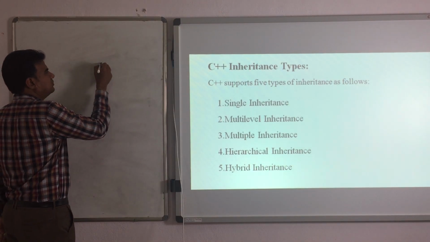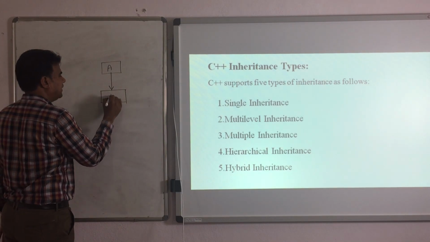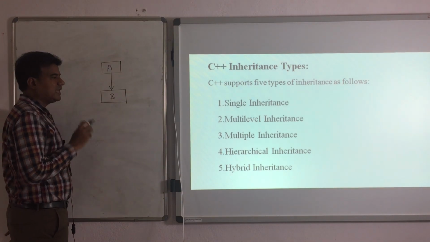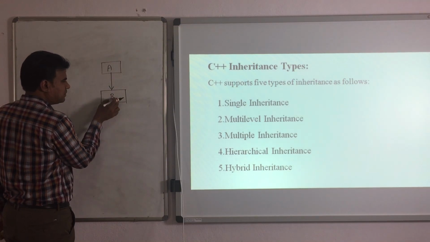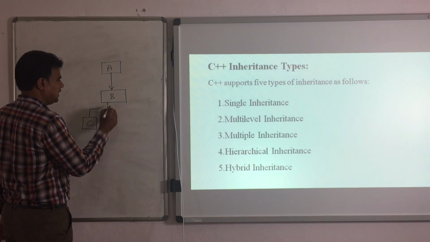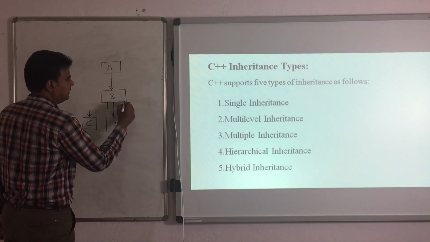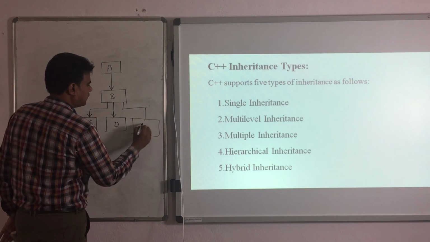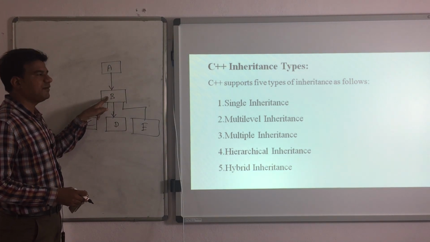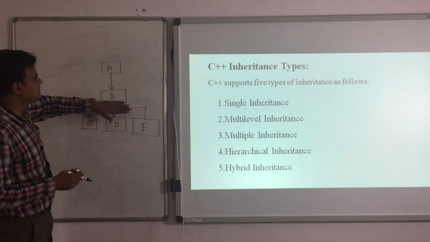Let us assume this is your class A and I am deriving class B. This is single inheritance. Then suppose from this B class you derive more classes, C, D and E. I have one base class A, from which I derived B. If you ignore the latter part and consider only these two, it is your single inheritance.